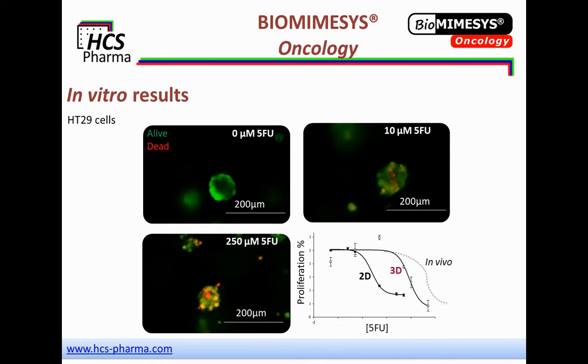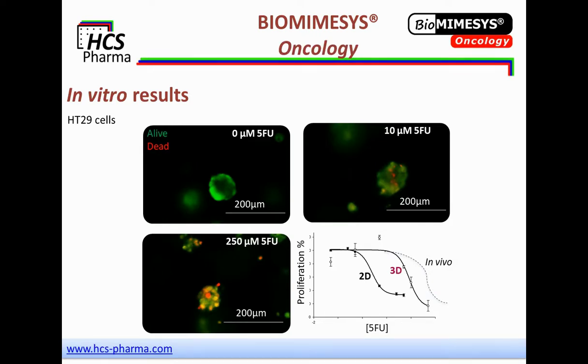Here you can see HT29 cells with live dead staining: live cells are green and dead cells are red. We tested different concentrations of the anti-cancer drug 5-fluorouracil, 5-FU.